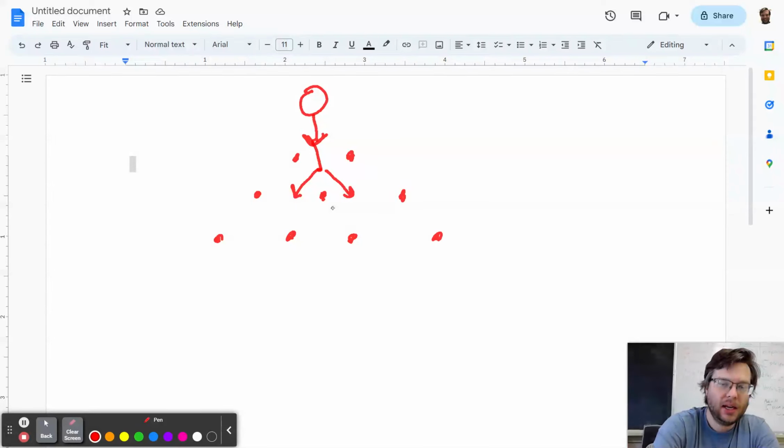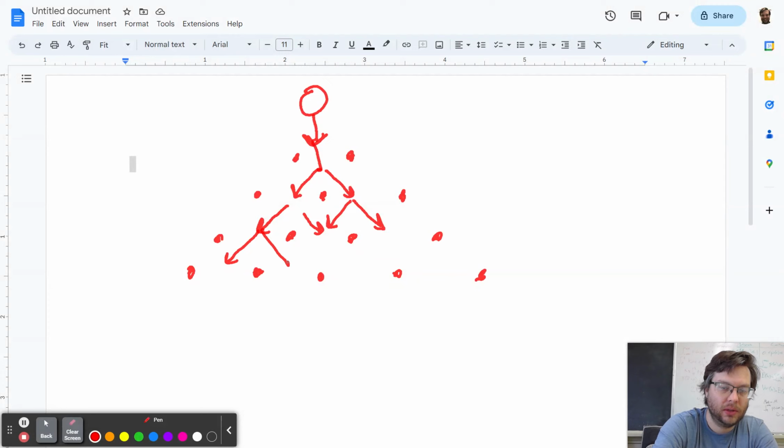And then again, there's another peg right down here, so there's a 50-50 chance that it goes here or here, 50-50 chance that it goes here or here. If we draw another row below this, we can repeat this pattern. 50-50 that it goes left or right, left or right, left or right, like that.